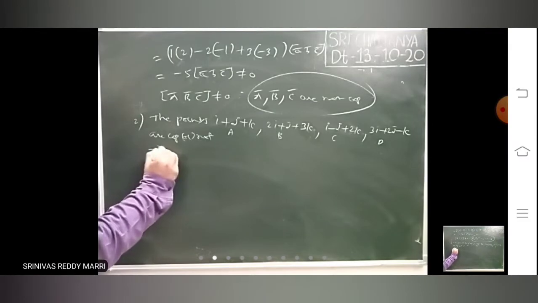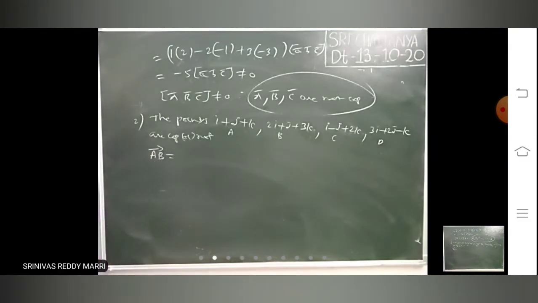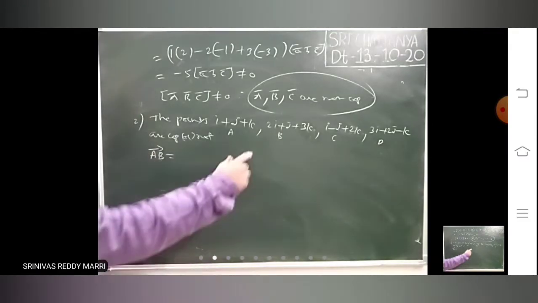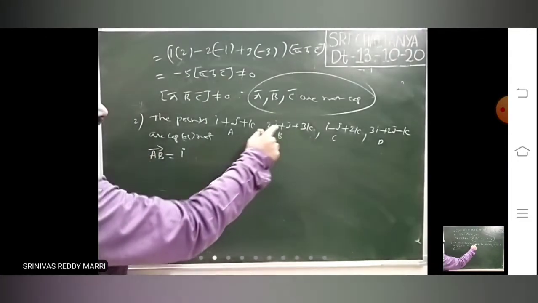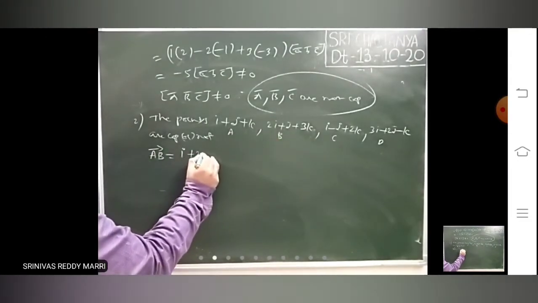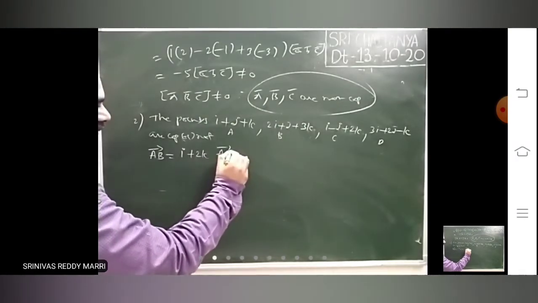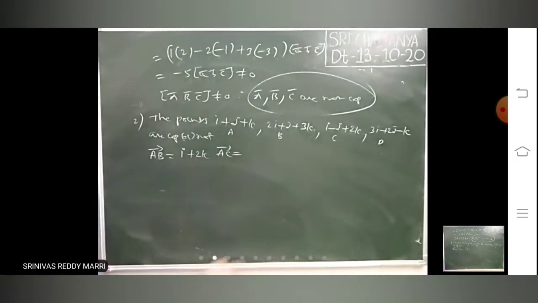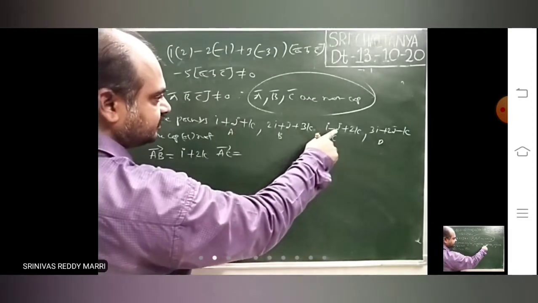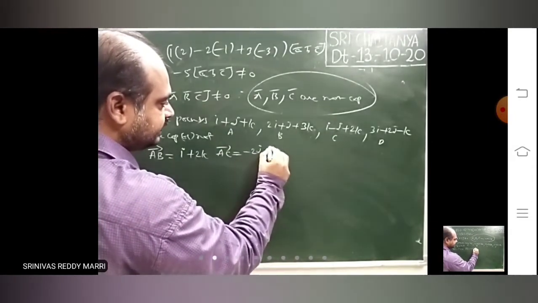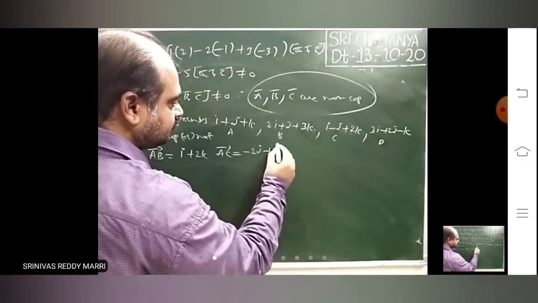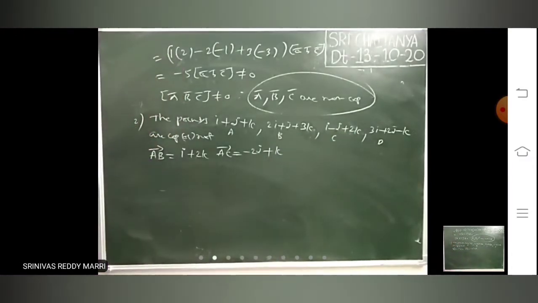Form three vectors. What is AB bar? OB bar minus OA bar. This is i, so j minus j cancel, i plus 2k. This is AB bar. AC bar is nothing but i minus i 0, minus j minus 2j, so 2k minus k.